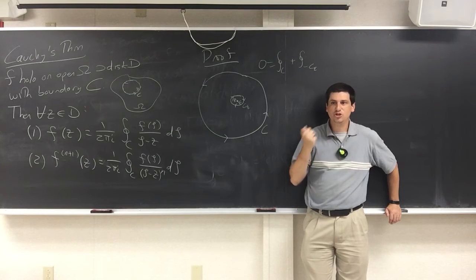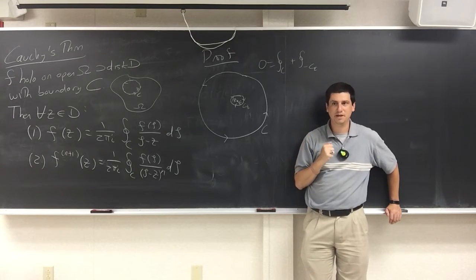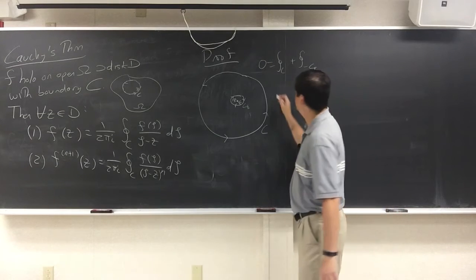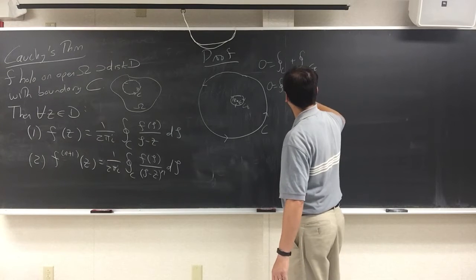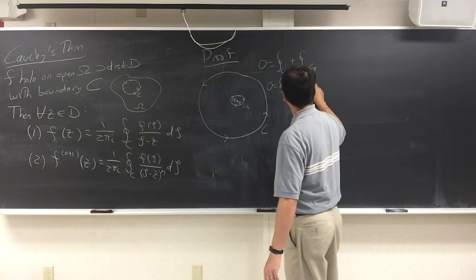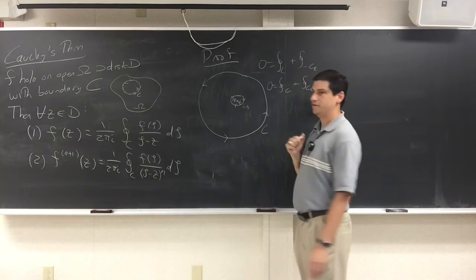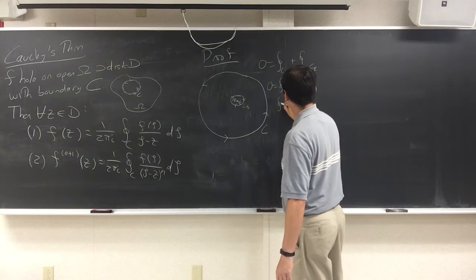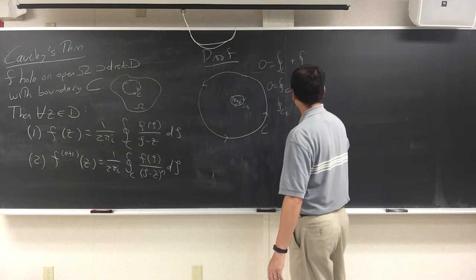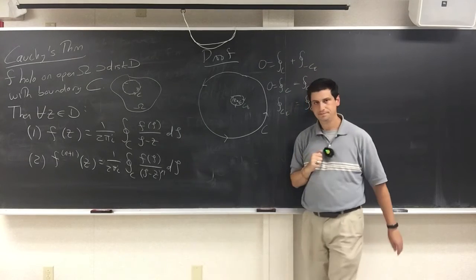Well, if I just change the orientation of it, I change it by a minus sign. So this is then the same as 0 is the integral over c minus the integral over c epsilon. We now have the correct orientation. Or the integral over c epsilon equals the integral over c.